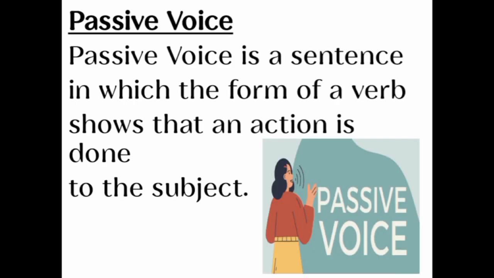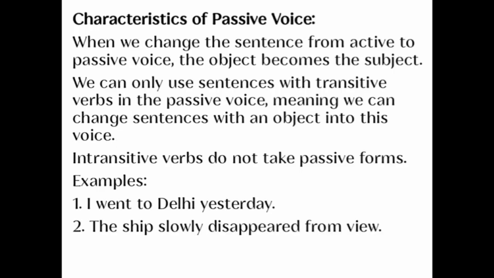Passive voice. Passive voice is a sentence in which the form of a verb shows that an action is done to the subject. So in passive voice, it shows that an action is done to the subject. So coming to the characteristics of passive voice, when we change the sentence from active to passive voice, the object becomes the subject.